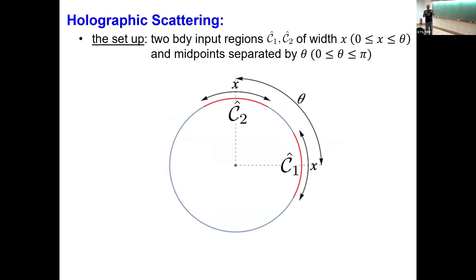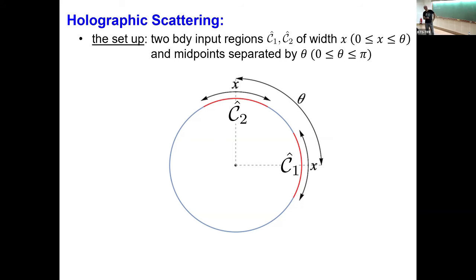So I want to set up a particular problem to look at. And so here I've got my two input regions, and to make life simple, I'm setting it up in a very particular way where the two input regions have the same size, called X, and the centers of those two regions are separated by an angle theta.